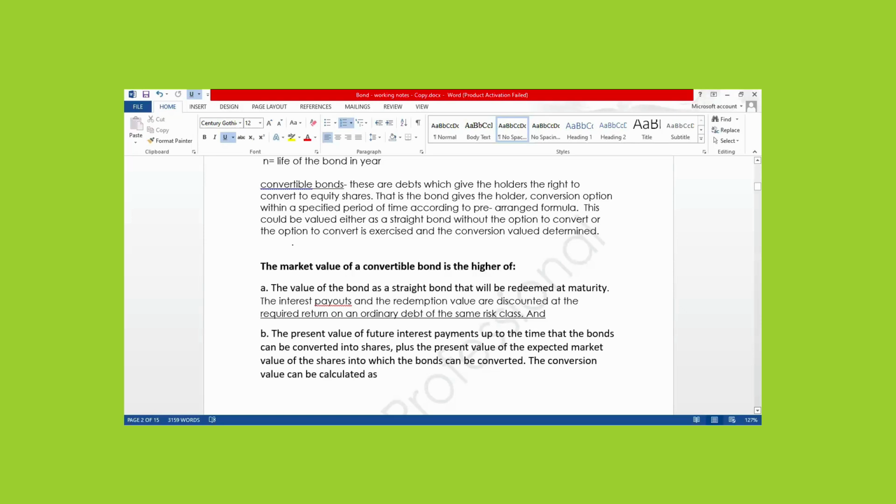If you are using alternative 2, you are going to calculate value of the convertible bond as the present value of future interest payments up to the time the bond can be converted into equity shares, plus the present value of the expected market value of the shares into which the bond can be converted to.